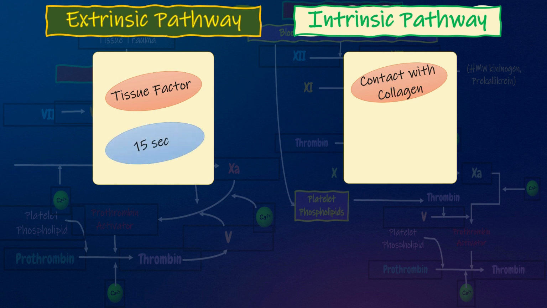With severe tissue trauma, clotting can occur in as little as 15 seconds. The intrinsic pathway is much slower to proceed, usually requiring 1 to 6 minutes to cause clotting.